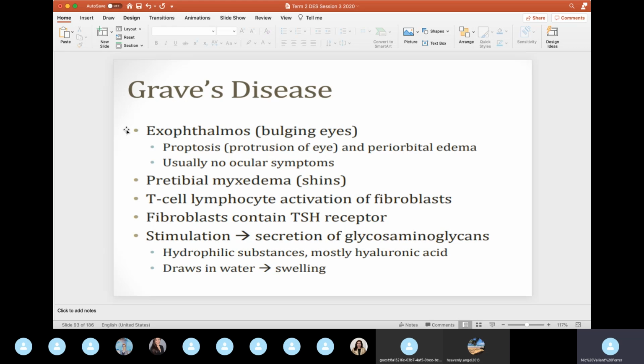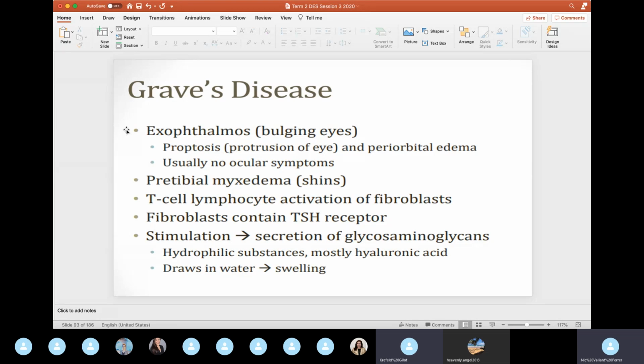When you give antithyroid medication, for example, levothyroxine, out of these signs and symptoms, which is the only one that cannot be resolved? Exophthalmos. Why? Due to the mechanism of action, right?